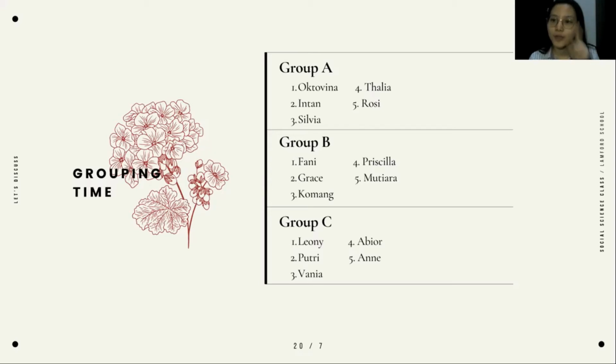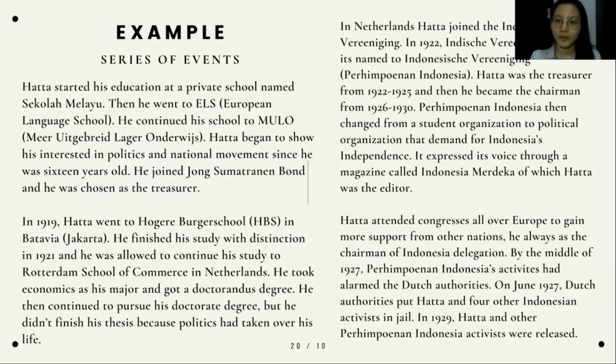So that means you are student number 1. Intan, you are student number 2. Sylvia, student number 3, and so on. Okay, so please remember your group name and also your number. So from this time forward, I will only call you based on that number, not your name. Okay? All right.